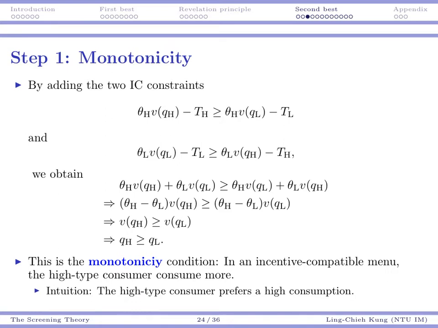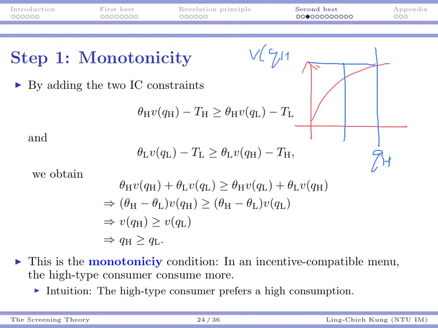And then, because V is an increasing function, if V of QH is greater than V of QL, then I immediately know QH is greater than QL. Okay, so that's a result we may get.